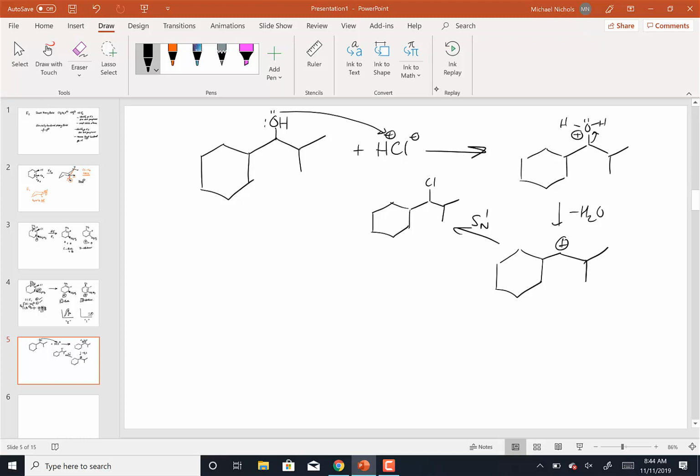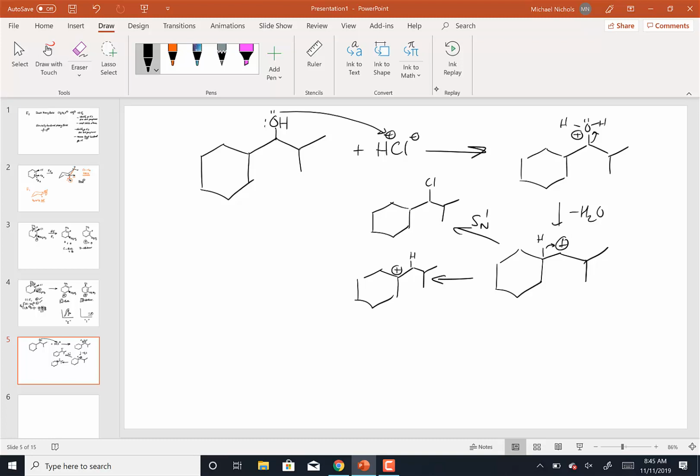Or what else could happen? Maybe the carbocation rearranges. So the carbocation could rearrange this way to form that tertiary carbocation.